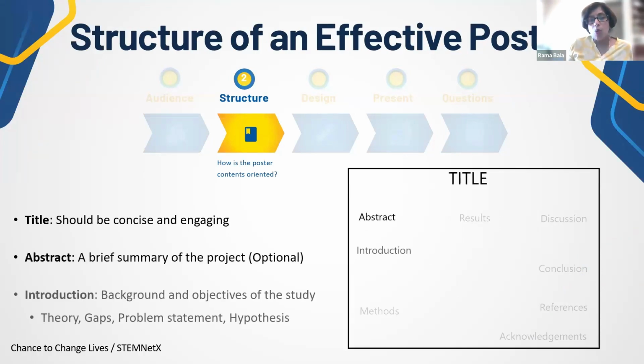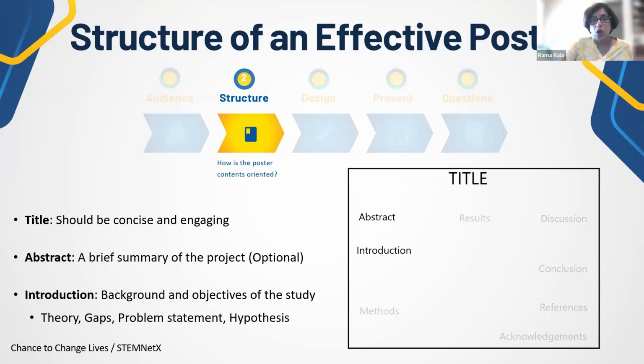So what are some essential elements of a good poster? So I'm going to talk a little bit about the structure of a poster and how the contents are oriented in it. Each poster should have a clear and concise title. The title always has authors and affiliations, followed by some logos if you wanted to present of your home institutions or some funding agencies.